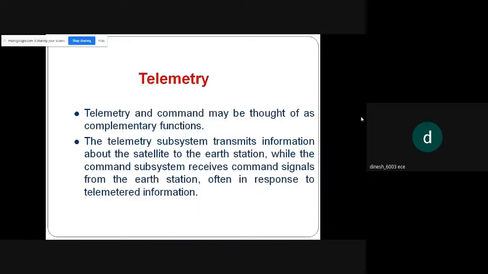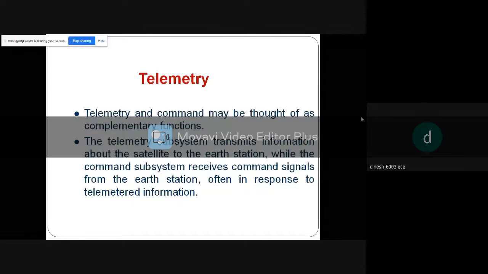Information about the meteoroids or celestial bodies in space can be tracked through this, often in response to the telemetry information.